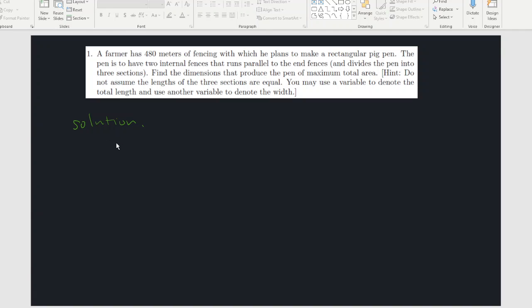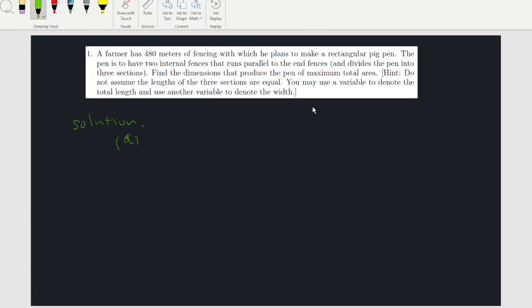In step A, we draw a sketch. The farmer is trying to build a rectangular pig pen. There are two internal fences, right? The shape of the pig pen is something like this.